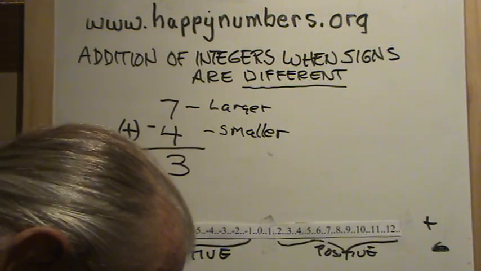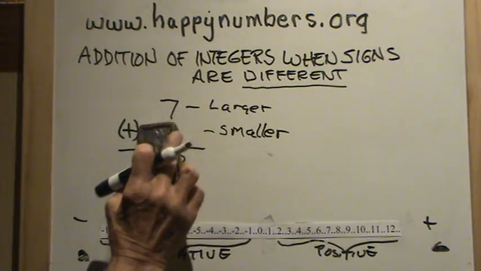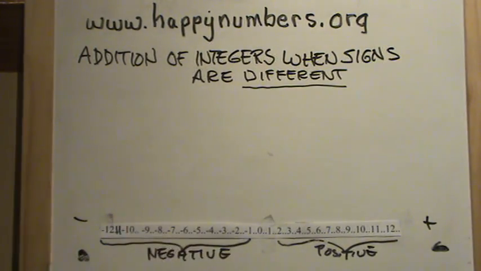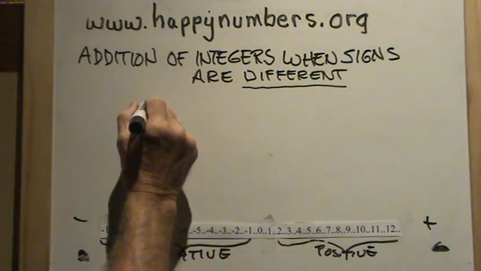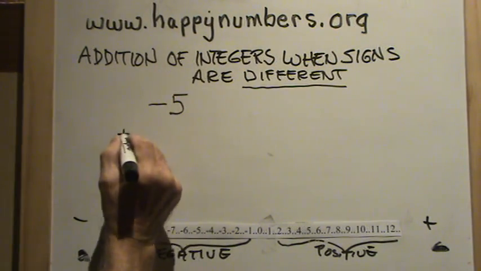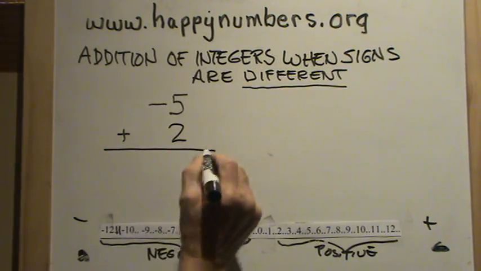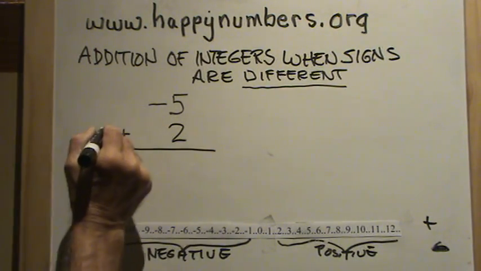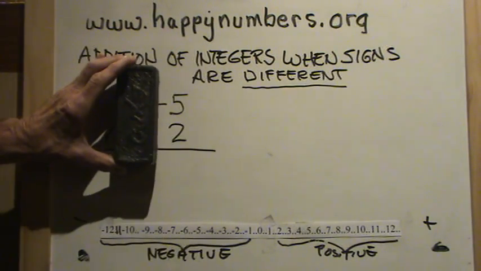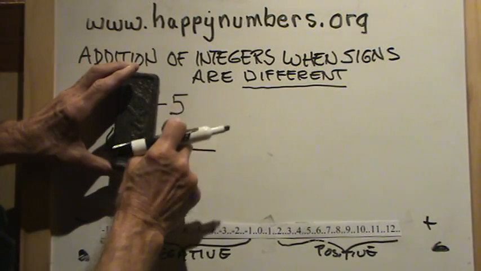So let's take a look at some problems like this. Let's have a negative 5 plus a positive 2. Well, according to our rule, we forget the signs for now. We take away the smaller number from the larger number.